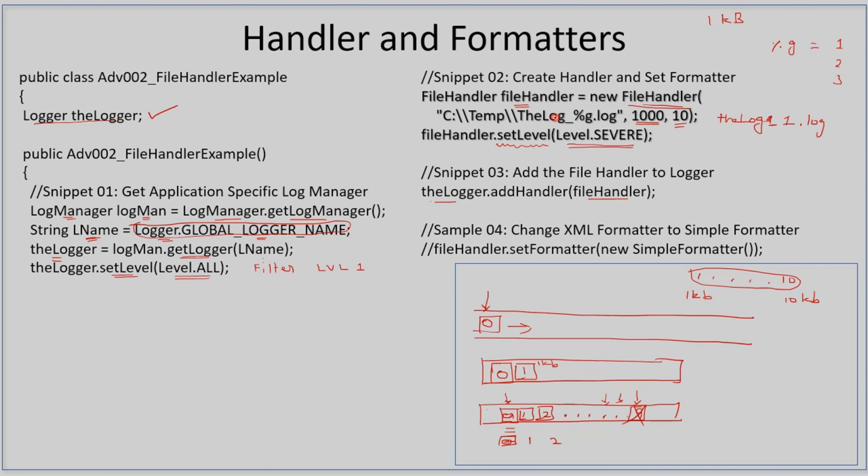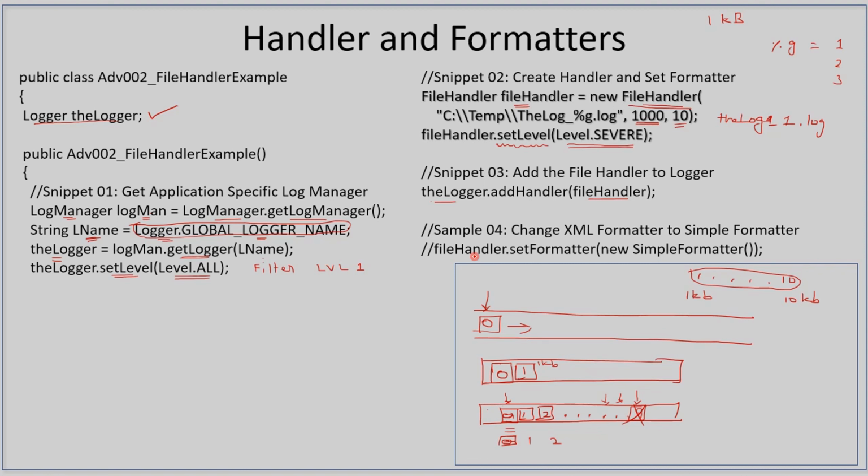Likewise, if you create some more handlers, say a socket handler, then you can attach that socket handler to the logger with logger.addHandler, then add whatever handler you have. You can add a number of handlers, and the log message will get delivered based on the filter level set at the handler level.